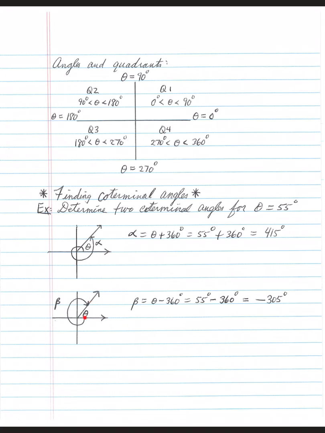If we start and stop at the same location as 55, we can do that by subtracting a full rotation from our angle. So if we take 55 degrees, which puts us here, and we subtract a full rotation, that takes us to an answer of negative 305 degrees. This is a coterminal angle to 55 as well.